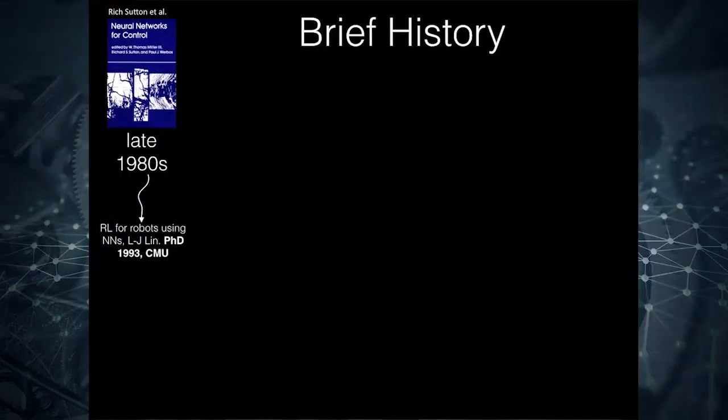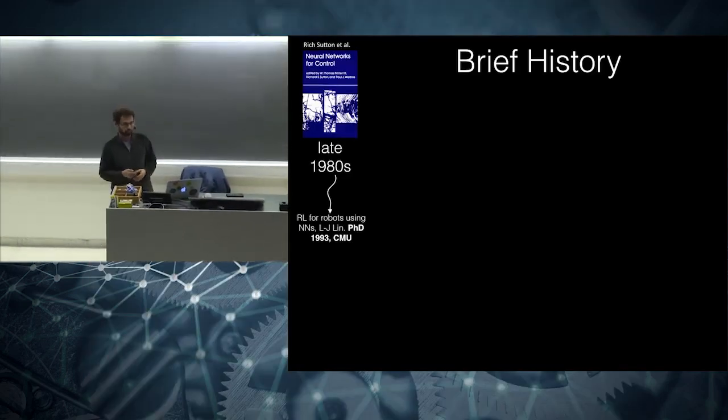There was a nice thesis in the 90s, RL for robots, which actually covers a lot of the interesting innovations that we've seen that allowed neural networks to come to where they are right now in terms of solving control problems, exhibited a few years ago on the Atari domain.